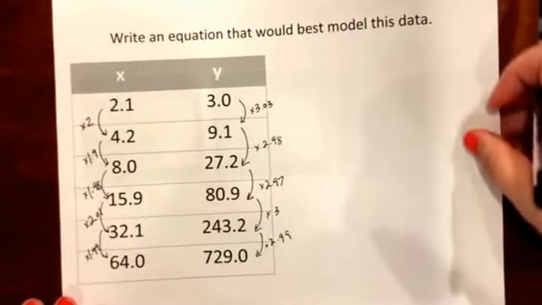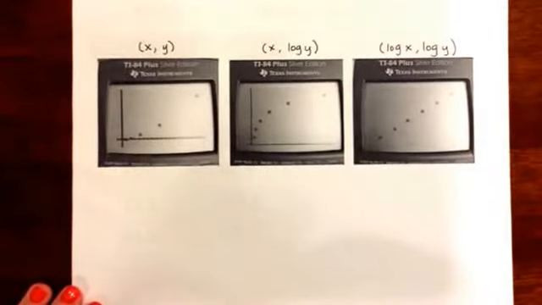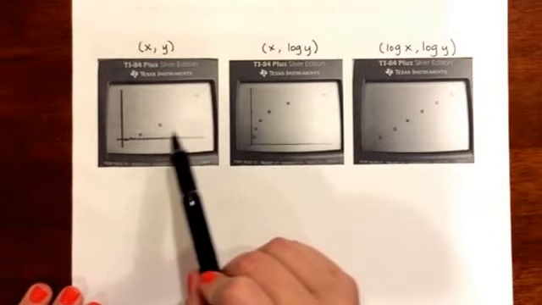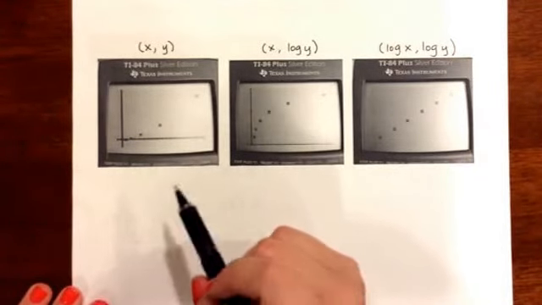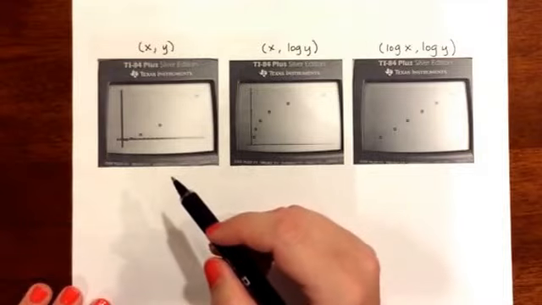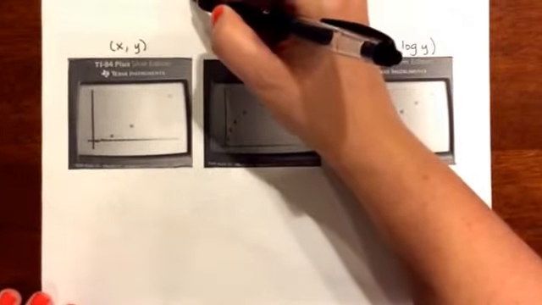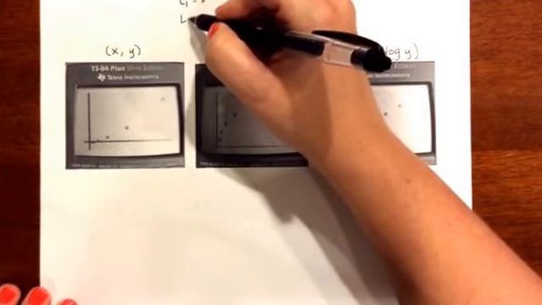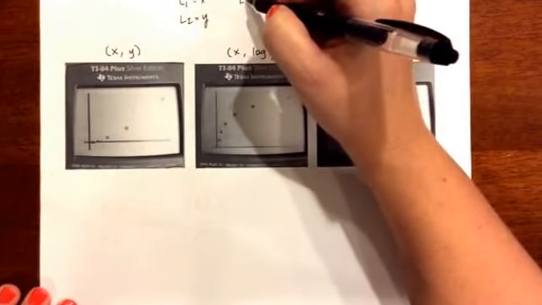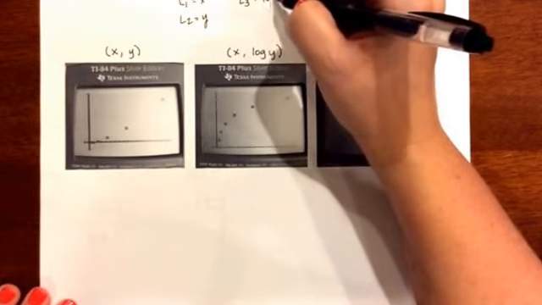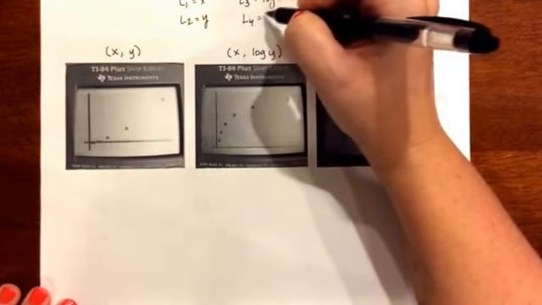Another thing you can do is you can look at the different scatter plots. So if you want to practice this, you're going to want to put all your different lists in your calculator. I put list 1 was x, list 2 was y, list 3 was log of x, and list 4 was log of y.